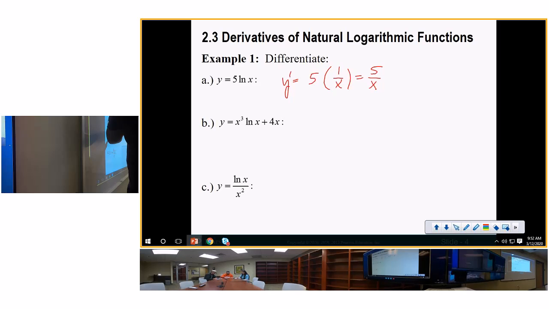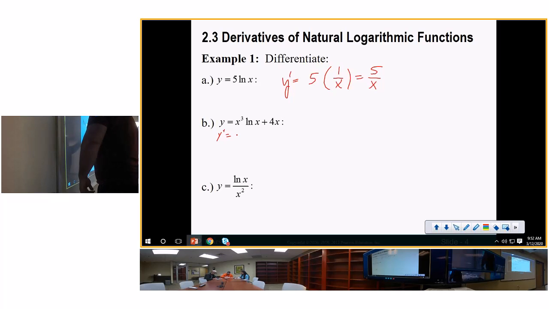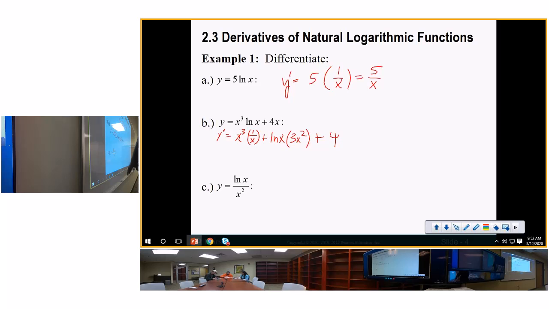Here we have the sum rule, but we also have the product rule right here. So y prime is equal to the first times the derivative of the second plus the second times the derivative of the first plus 4. Okay, because that's the sum and difference rule.